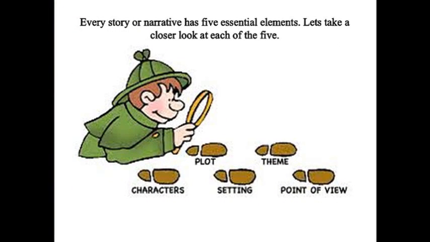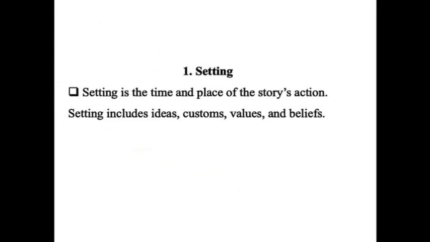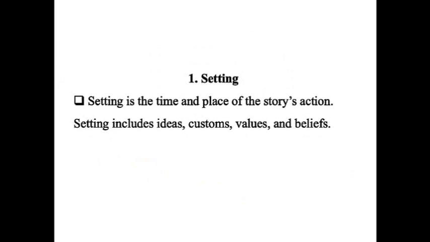For the entire element of the short story, we are going to keep an example of Cinderella's story so that the five elements of the short story will be clear to every one of us. Now the first element of a short story is setting. Setting is the time and place of a story's action.